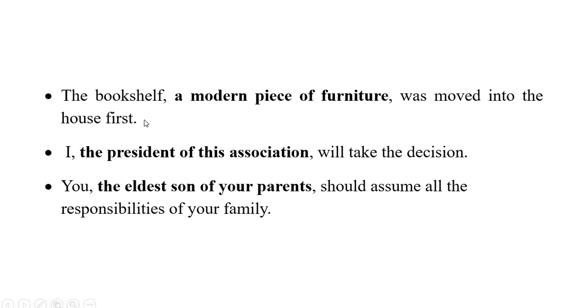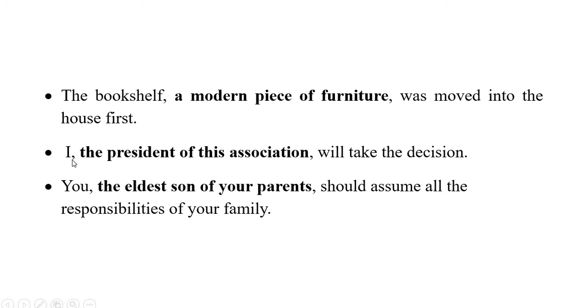Yes, indeed it does, because it is understood the bookshelf was moved into the house first. So what are you doing here in this noun phrase? This noun phrase here is only giving extra information about the bookshelf. This extra information is helpful, yes, it gives you more understanding of the bookshelf, it defines it, it gives it a definition and more explanation.